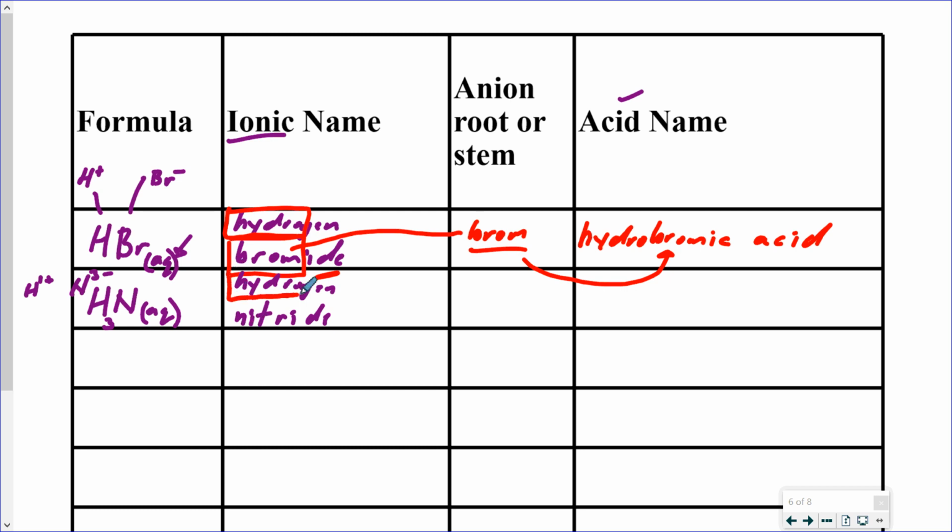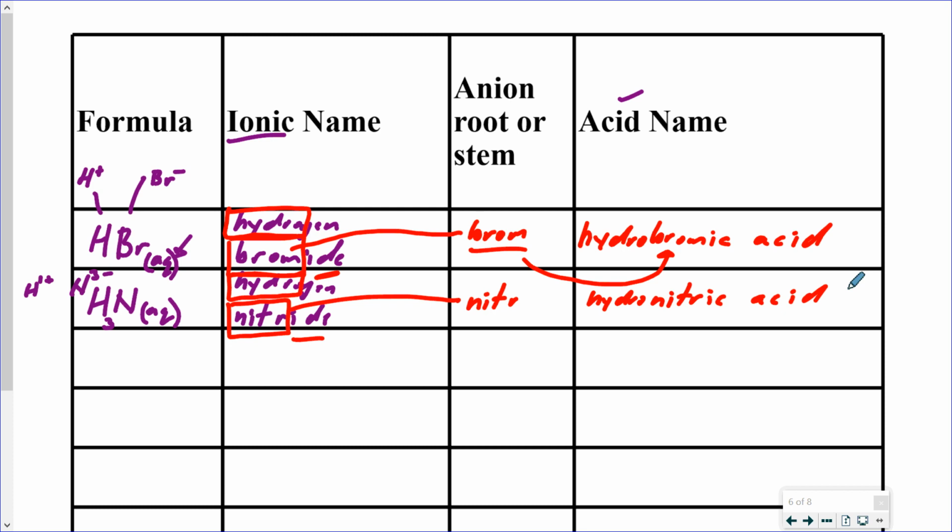So hydro, we need to have that in first for the name because it has the IDE ending. NITR is going to be our root or stem. That's what I'm going to put in next, NITR. I'm going to add IC. I'm going to call it an acid, and this one here is our hydronitric acid.